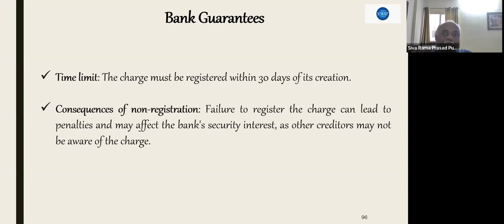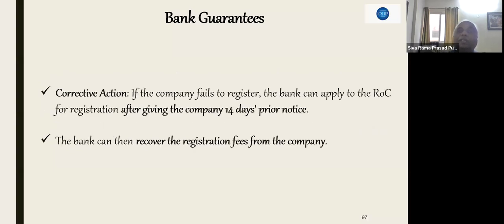Banks are perfect in this area; particularly whenever they are lending, they will do this process. And if the bank guarantee information is not available with the corporate, or books are missing, the second source for how many bank guarantees there are and which bank has given what security is the ROC also. Corrective action: if a company fails to register, the bank can apply to the ROC for registration after giving the company 14 days' prior notice.